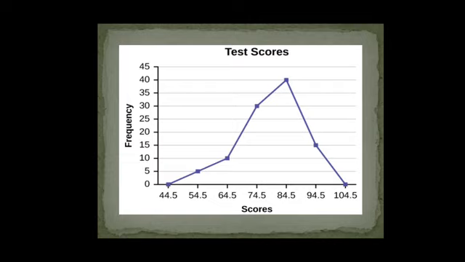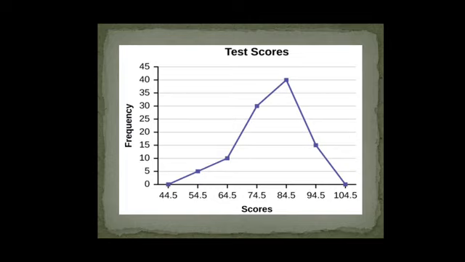Then the frequencies corresponding to mid-values are plotted against each class mark or against each mid-value. After that, join the plotted points with straight lines in order to get the frequency polygon as shown in the figure. A frequency polygon usually extends 1 unit below the smallest bin value and 1 unit beyond the greatest bin value.